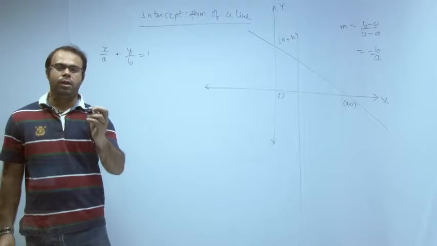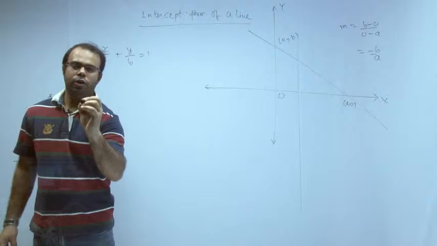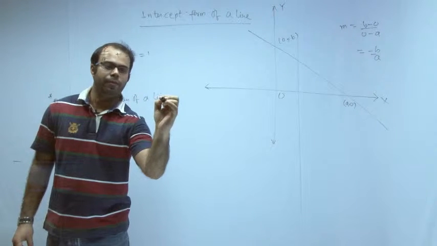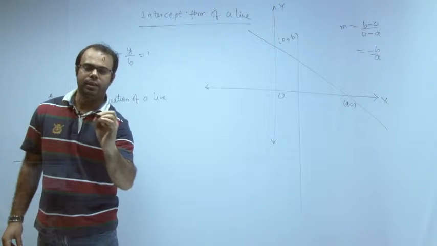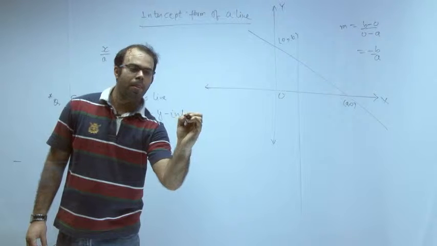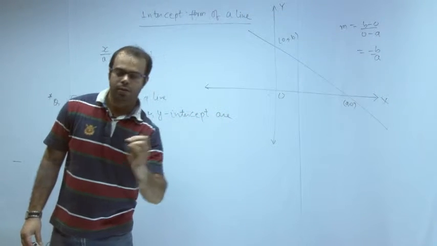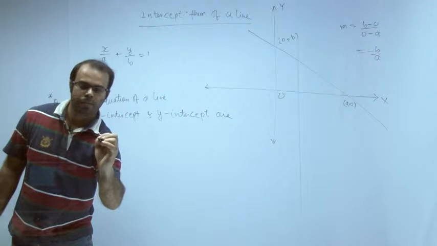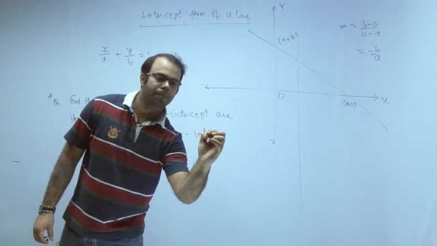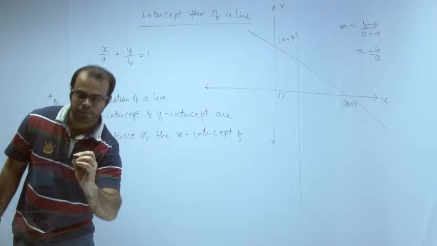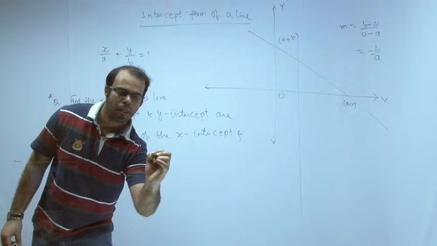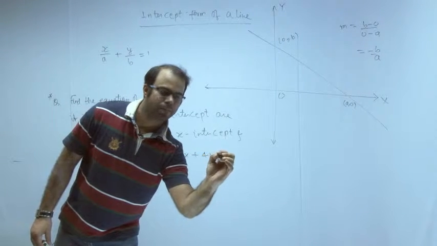The question states: find the equation of a line if its x intercept and y intercept are thrice and twice of the x intercept and y intercept of the line 3x plus 4y equal to 12.